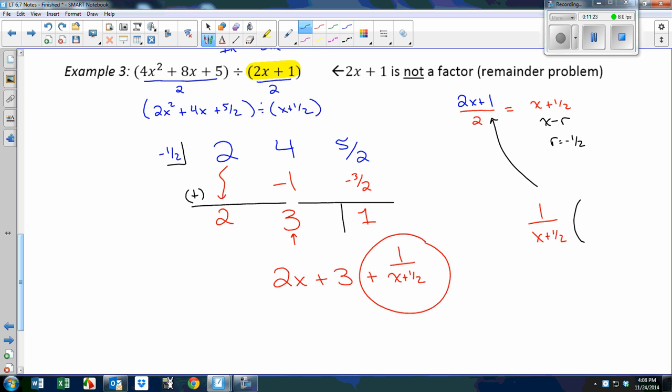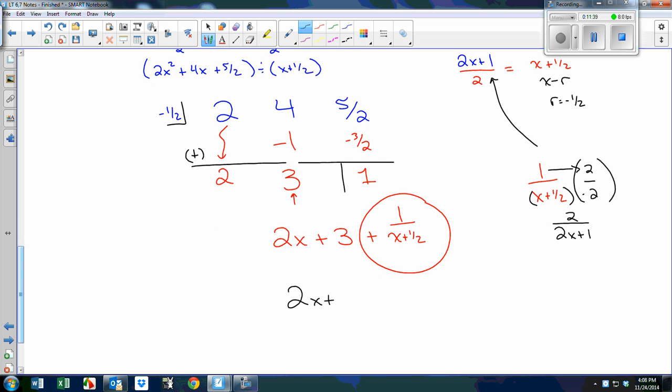The way you do that is multiply this by 2 over 2. Thus, the denominator x plus a half times 2 becomes 2x plus 1, and the numerator 1 times 2 becomes 2. So your final answer is 2x plus 3 and a remainder of 2 over 2x plus 1.